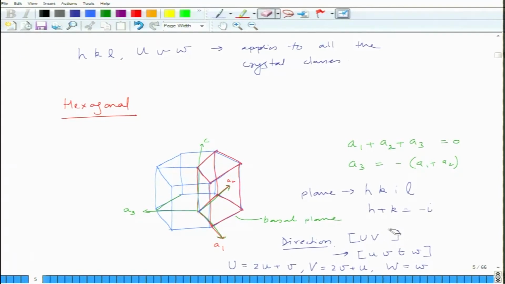So I am not going to get into the derivation of this. You can find this derivation in many texts. It is a very simple vectorial derivation.